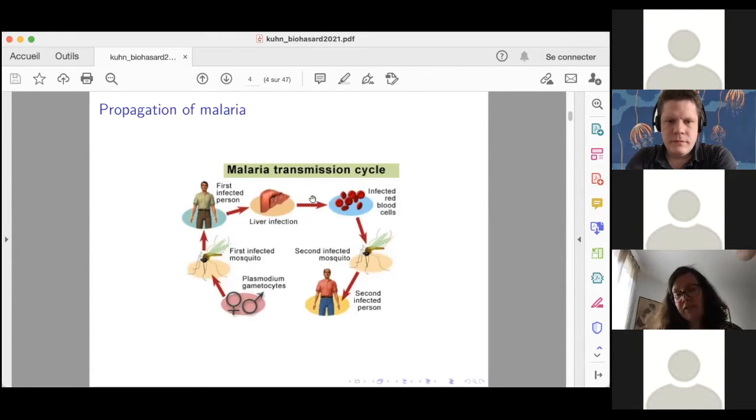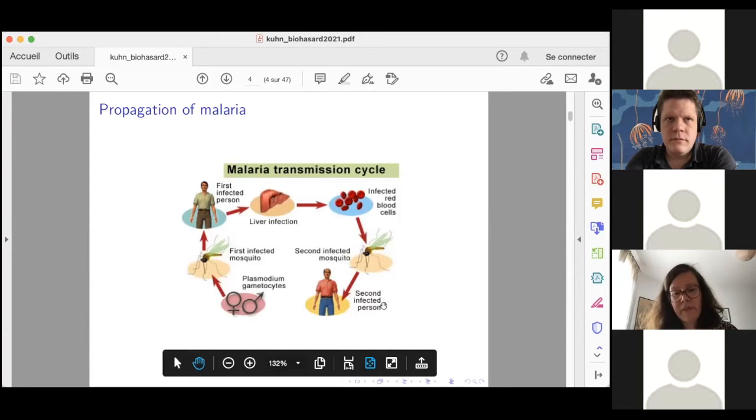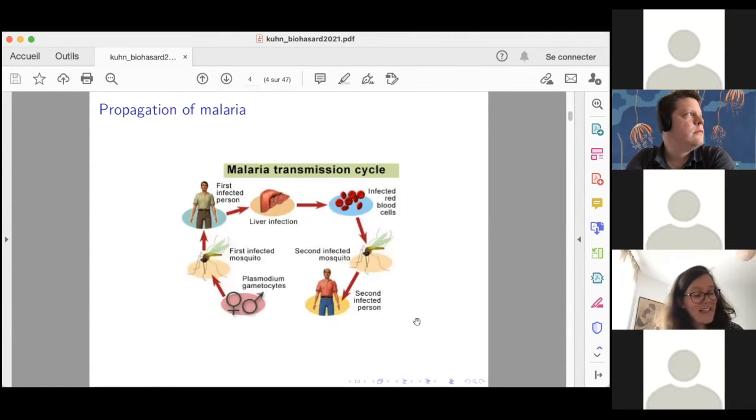After some process in the human, a second mosquito can be infected when it comes in contact with the human, and then it can infect a second human. After that, the mosquito dies. So mosquitoes indeed play a key role in the transmission of malaria.